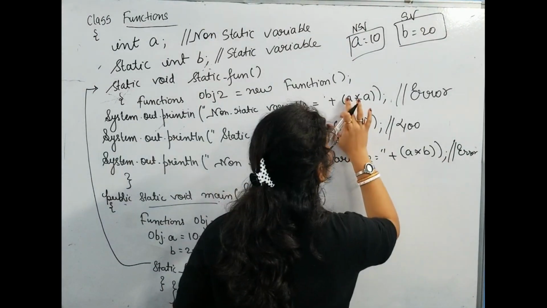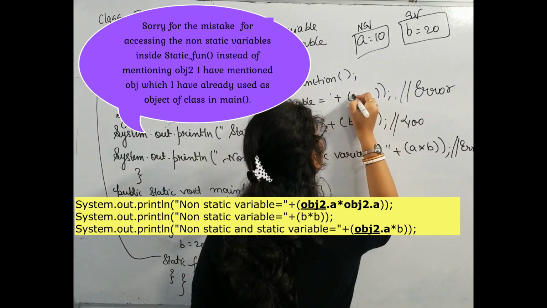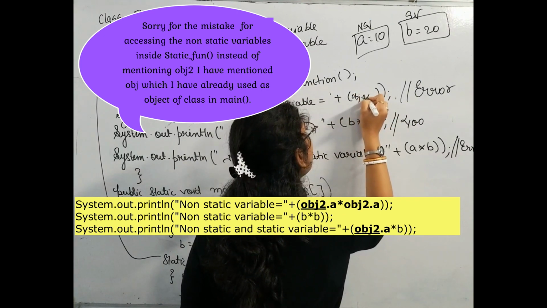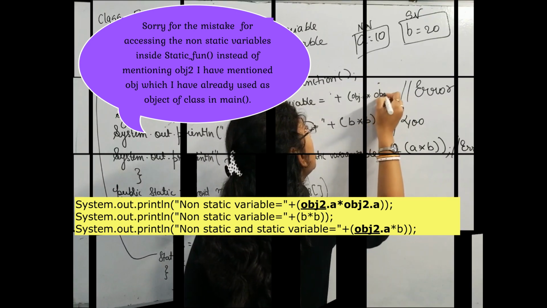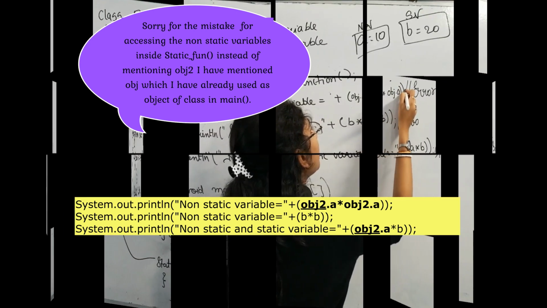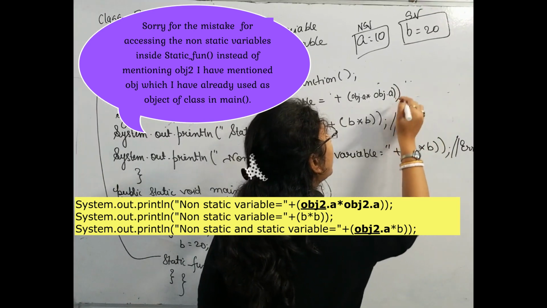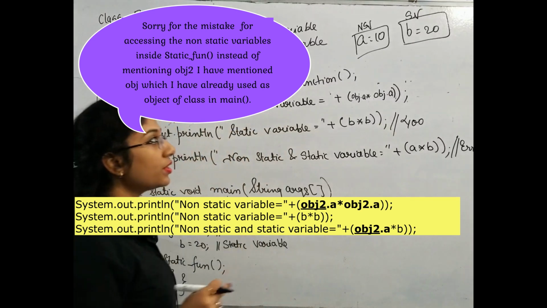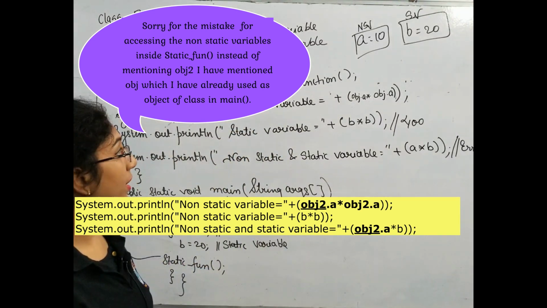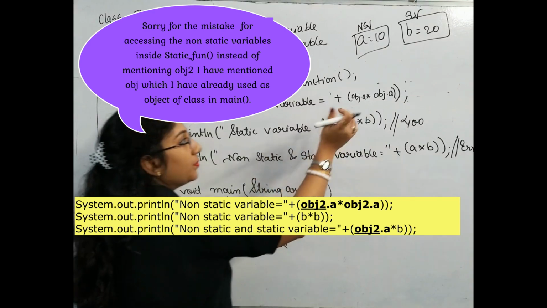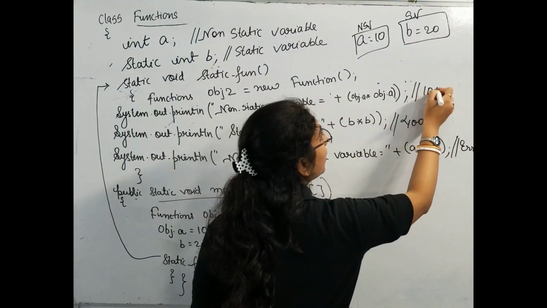So here I will make a change like this. Okay. Now this line will not generate any error because I have used an object for accessing the variable. This line will print 10 into 10, that is 100.